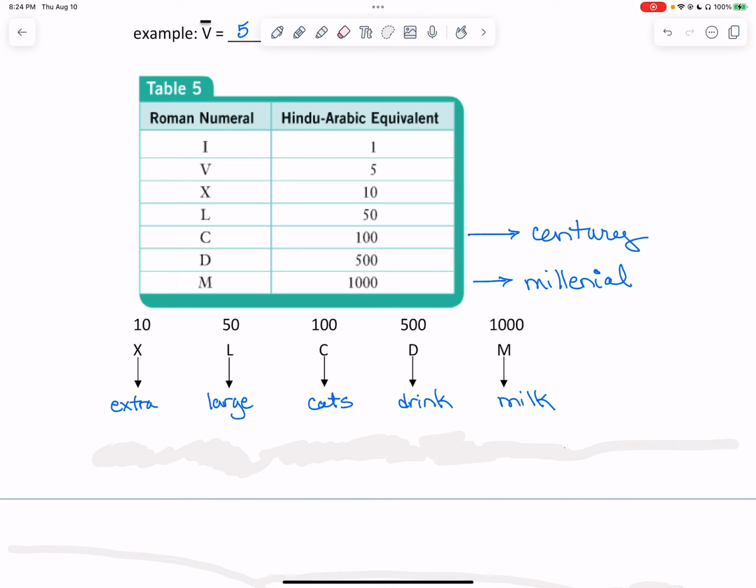The X stands for 10, L for large stands for 50, 100 is the C, 500 is D for drink, and 1,000 for milk. So extra large cats drink milk. That helps you keep them in order. Here's another one: extra long commercials depress me. That was one of my favorites, one of my students came up with. So anyway, you're going to need to know those.